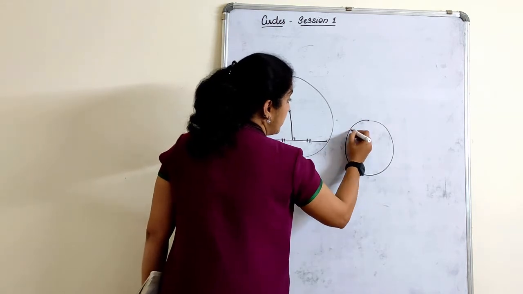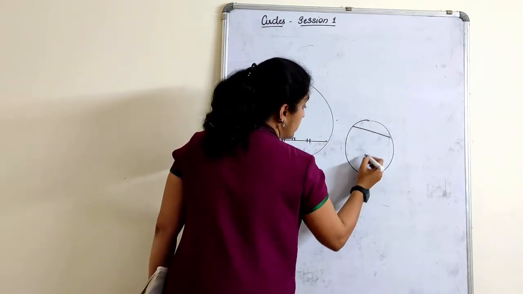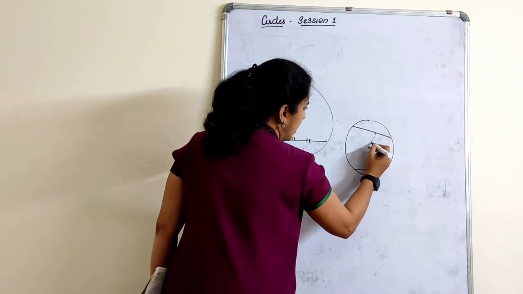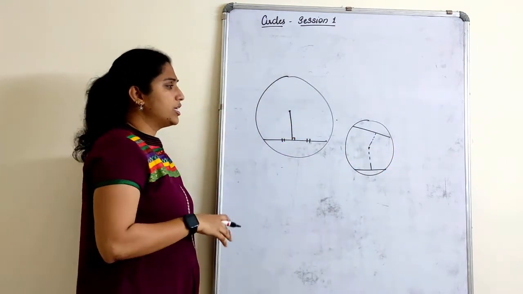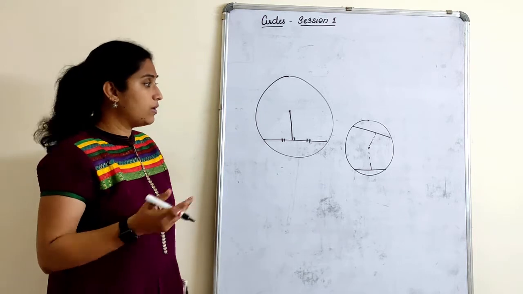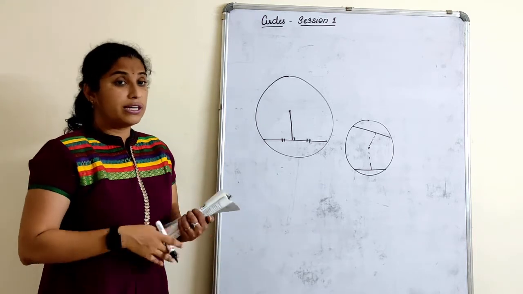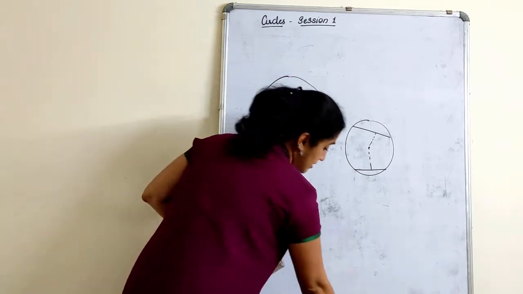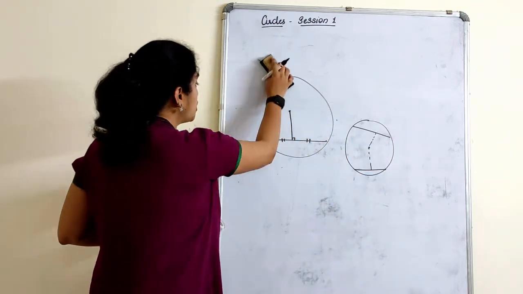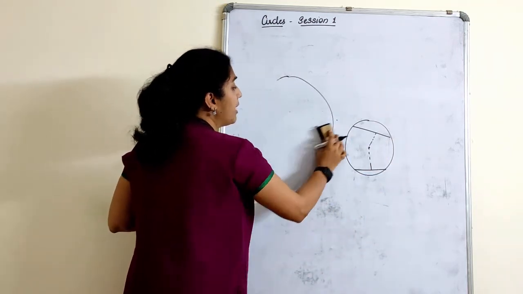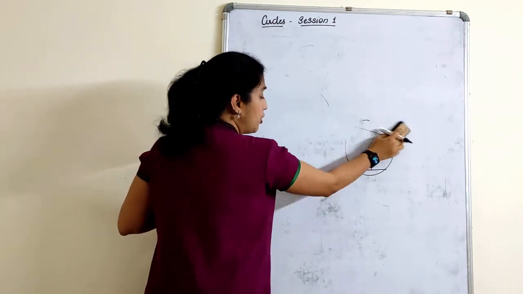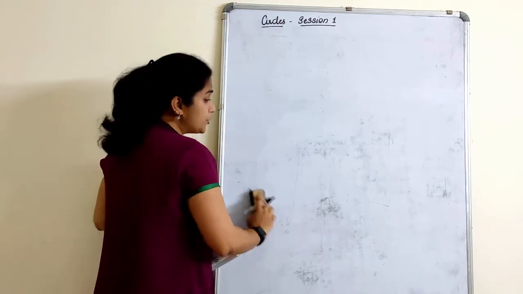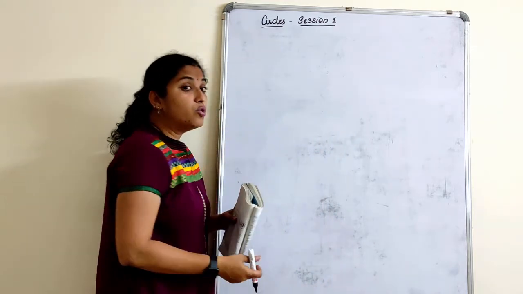Then we studied that equal chords are equidistant from the center, and its converse, chords which are equidistant from the center are equal. So we have studied all these things under circle and chord properties, angle properties, right? I will be sending you a small PDF where you have all these points and definitions, and the proofs of these theorems which you had proved last year.